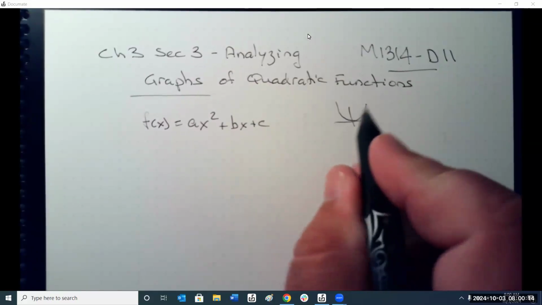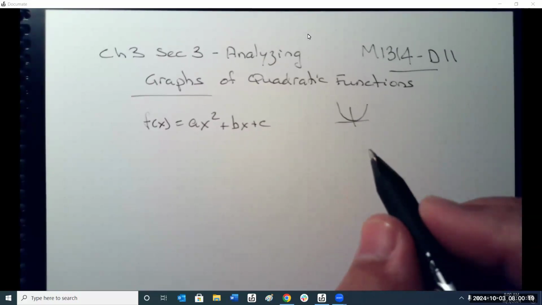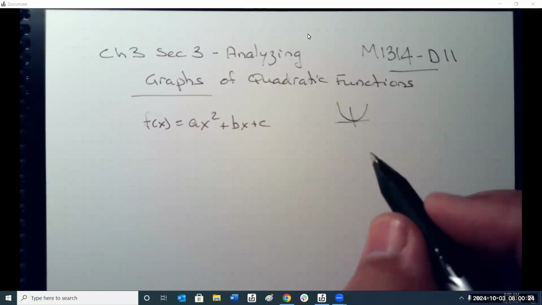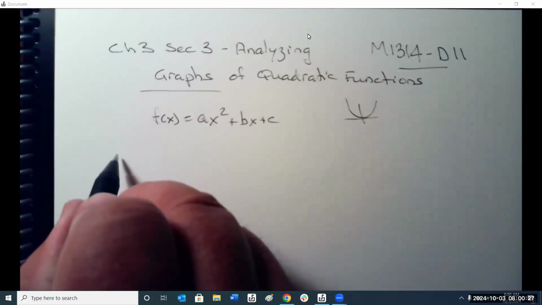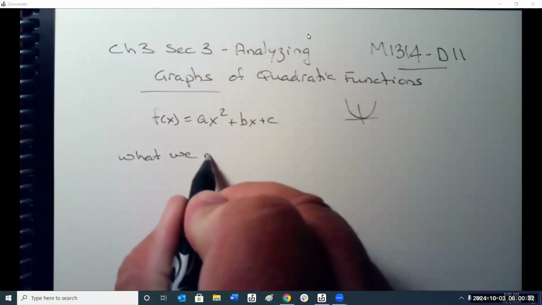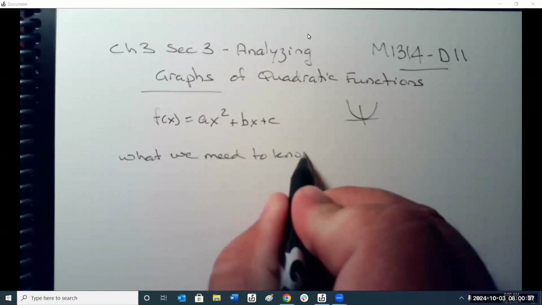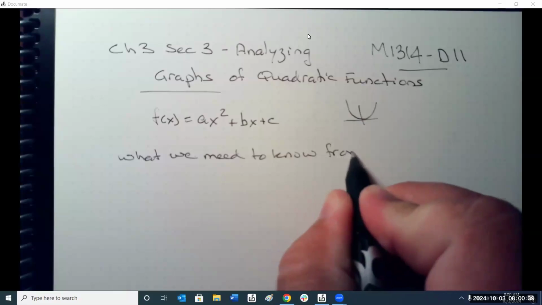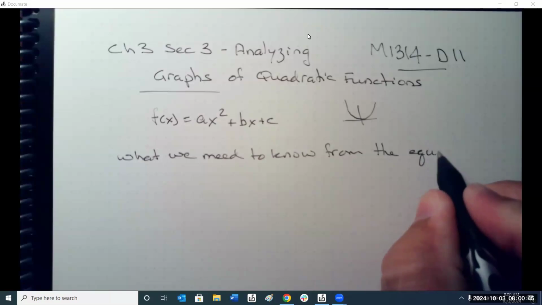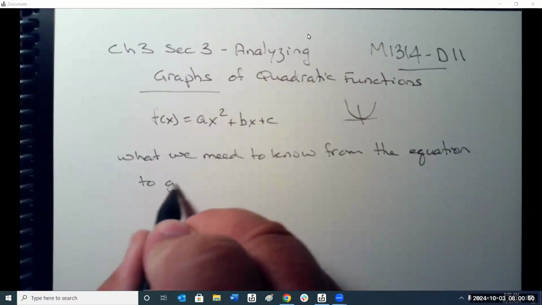Now, when we look at the graph, analyzing this graph, what are the important pieces that we have to know? There are actually four important pieces. What we need to know from the equation to graph it.